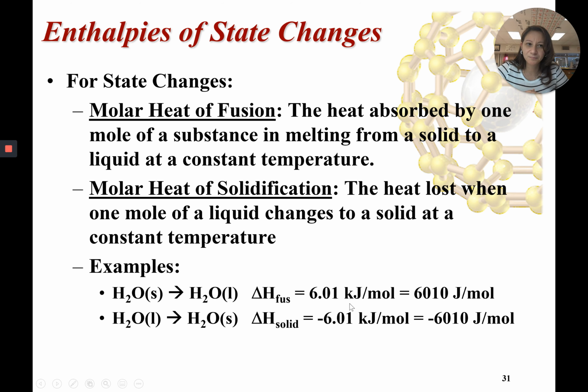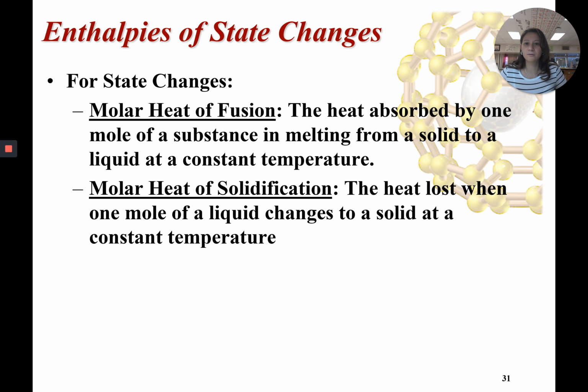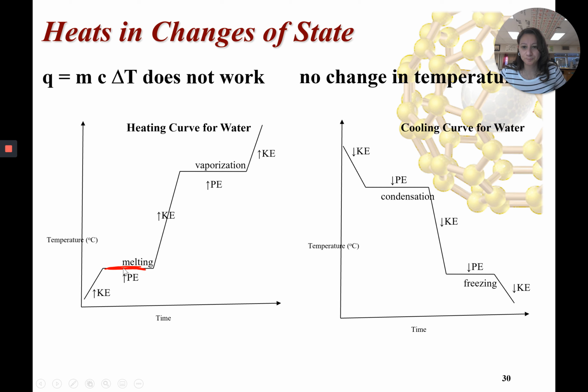Why is that? Well, that's because this is potential energy that's different. Here you're not changing the temperature, you're changing the potential energy, the position of the particles. In a solid, you have this tight crystal. In a liquid, you're breaking that crystal, moving the particles around. In a gas, you're separating the particles. So the position of the particles is changing along phase changes.